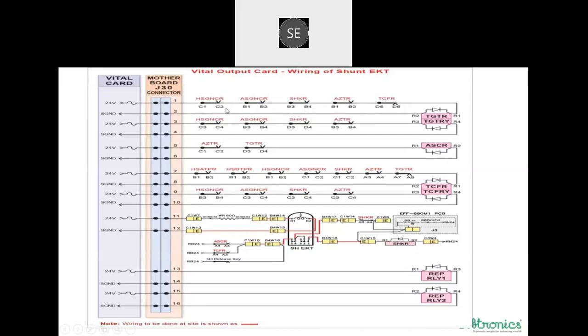So again, for additional safety or a second level check, even physical relays are considered before driving the output relay. So this is the vital output card. This vital output card provides 24 volts or 24 volt pulse through a motherboard to the relay. That power supply is taken through all these interface relays before picking up the TGTR relay or before reaching the TGT relay.